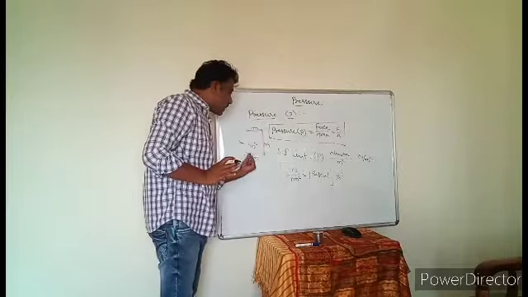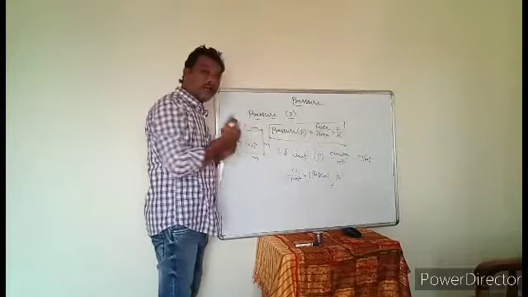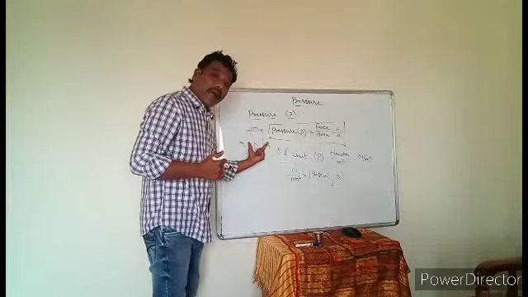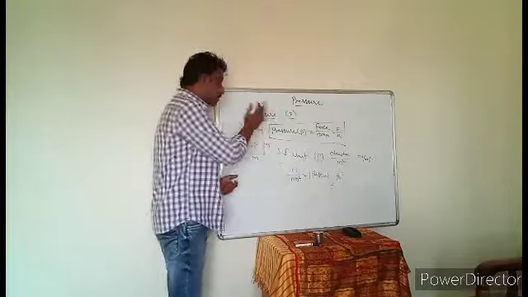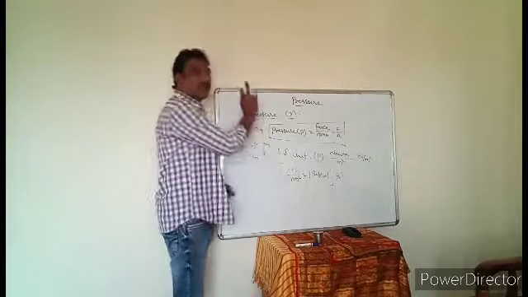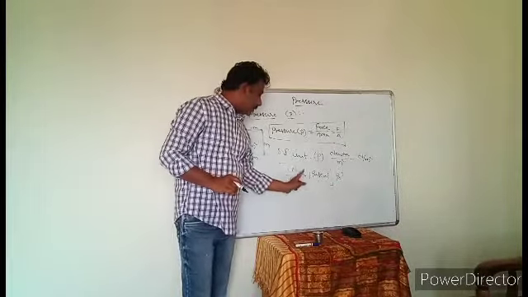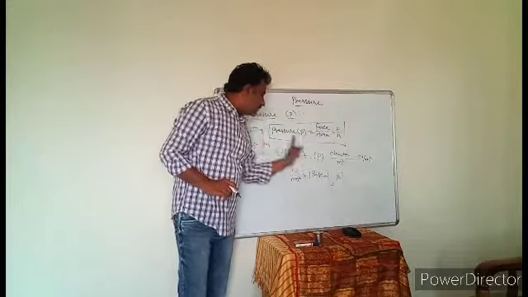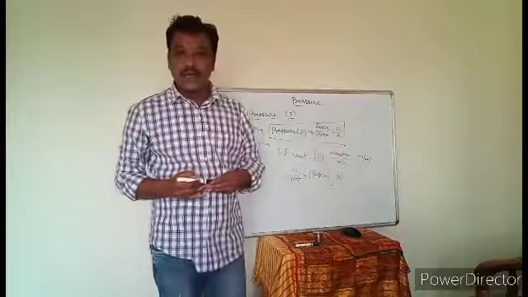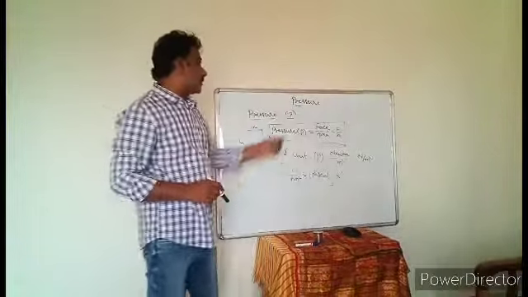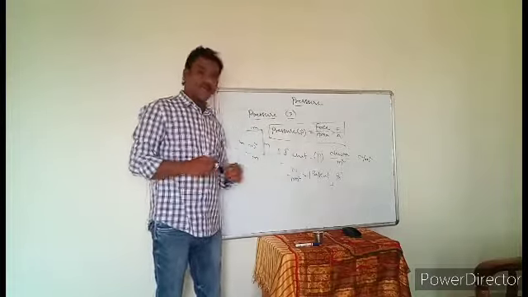On this 1 square meter area, I am applying 1 Newton of force. Then the pressure applied is equal to 1 Pascal. So in this way, we can write the SI unit for the pressure. What is the SI unit of the pressure? Pascal. Okay. So in this way, we have the pressure definition, formula, and SI unit.